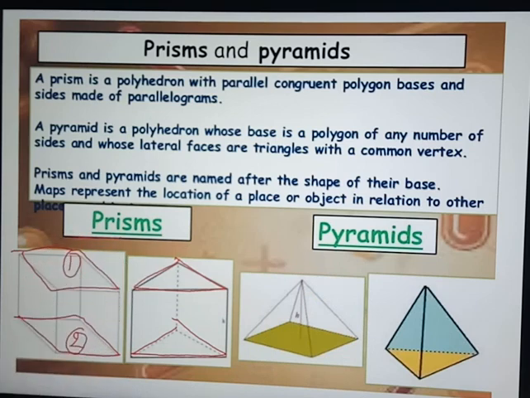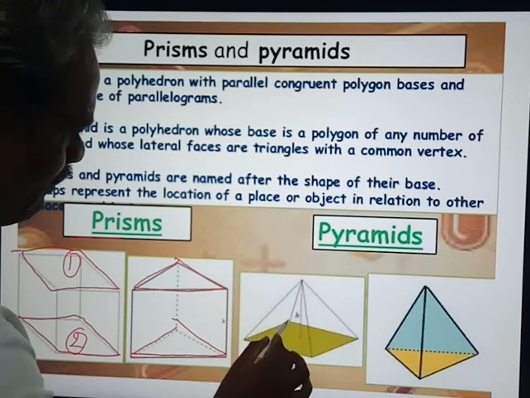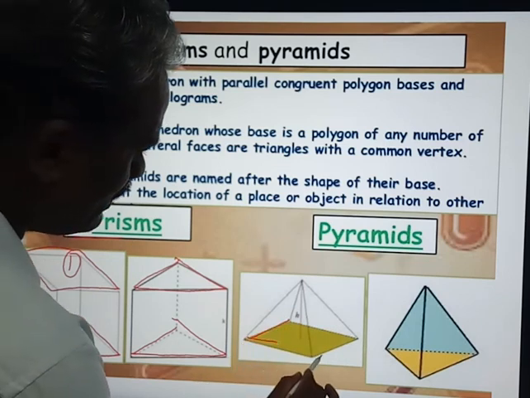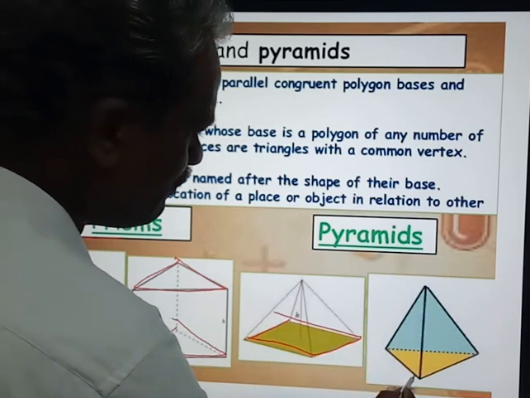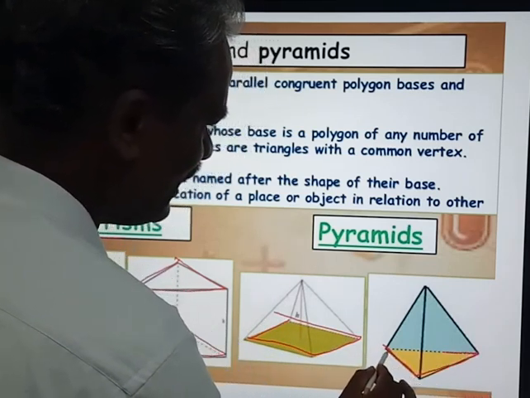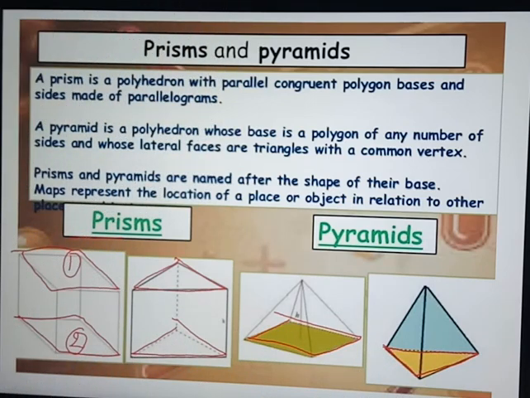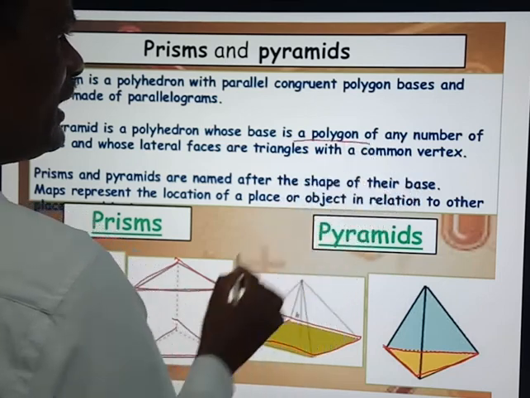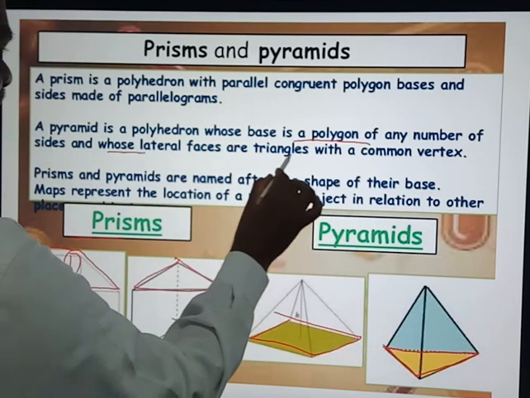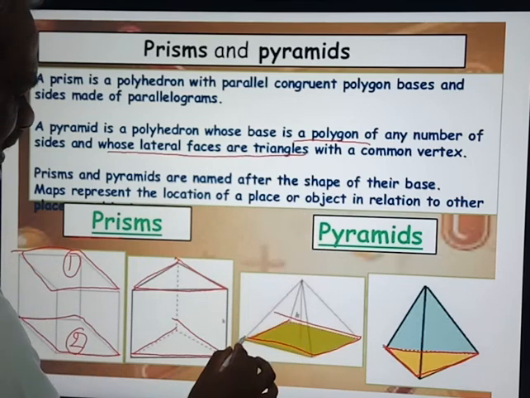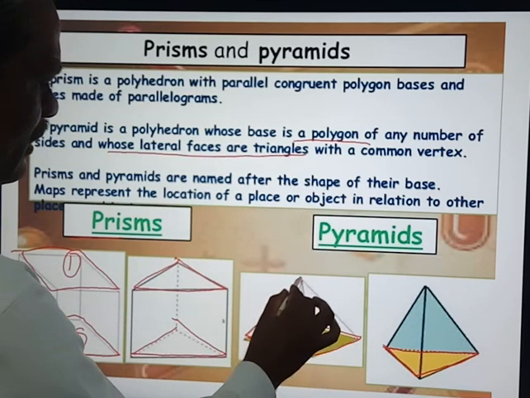Come to the pyramids now. A pyramid is also a polyhedron whose base is a polygon. Here the base is square in shape. In the second, the base is a triangle, highlighted in yellow. The base is a polygon with any number of sides, and whose lateral faces are triangles. Look at the lateral faces, the sidewise faces: all are triangles.